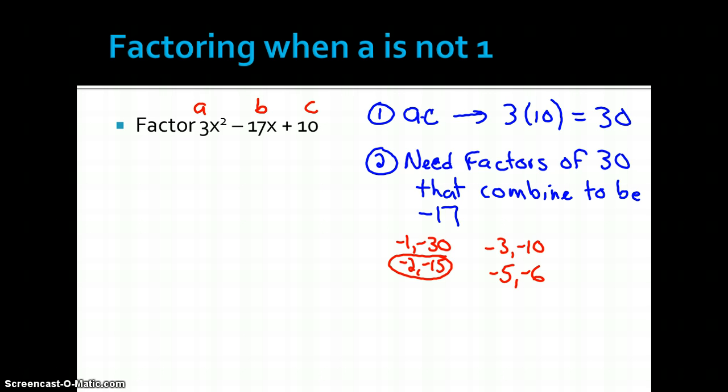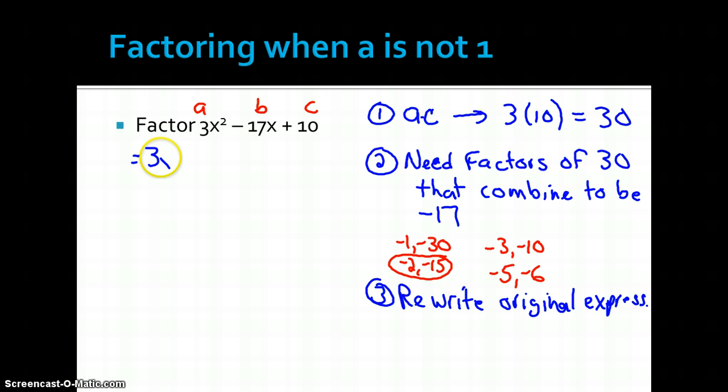So what we do then is we rewrite the original expression. Okay, we rewrite it as the following. 3x squared minus 2x minus 15x plus 10.